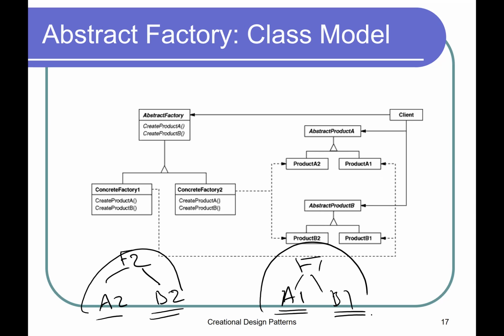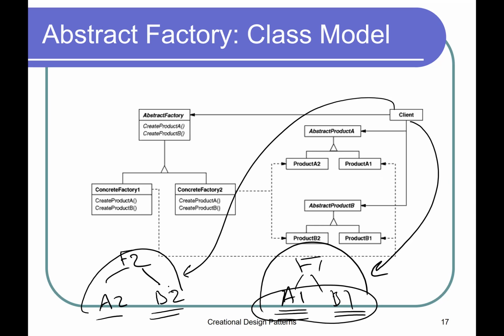But it depends. Does the client want this set coming in at the bottom over here, or does the client want that set, which comes at the bottom over here? So you can have the Samsung set, the Samsung speakers and the Samsung TV, or you can have the Sony set, the Sony speakers and the Sony TV set. Speakers and TVs obviously are two different types, but nonetheless, it is a set.